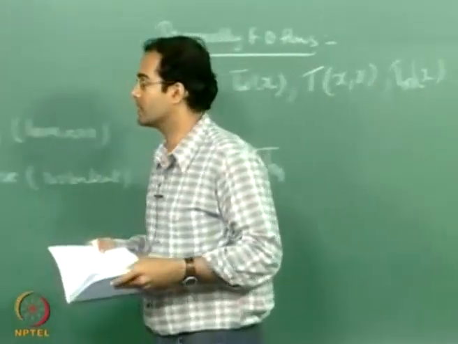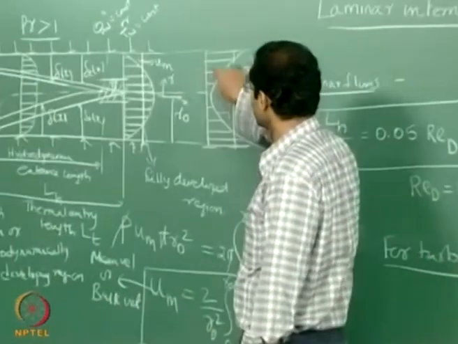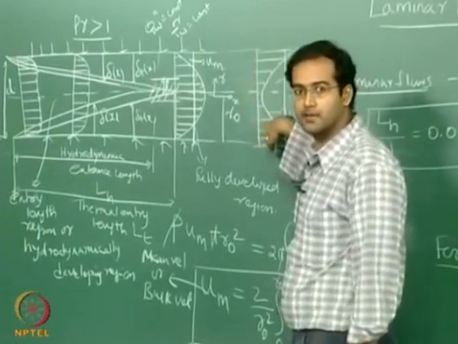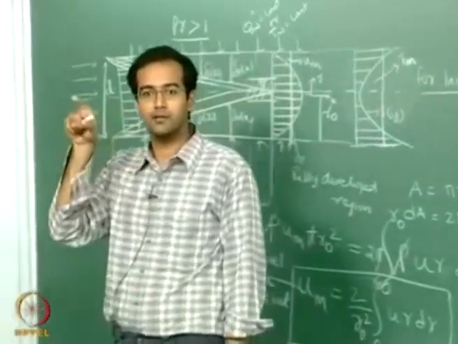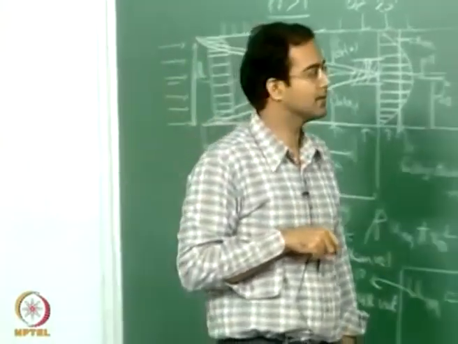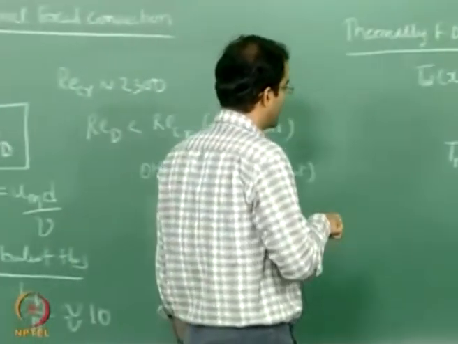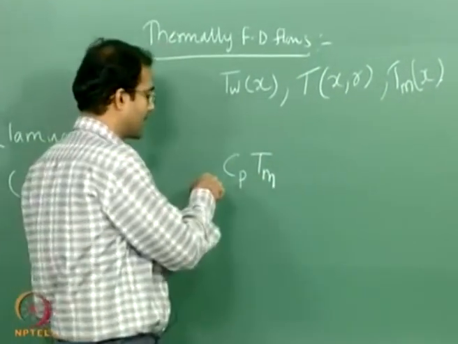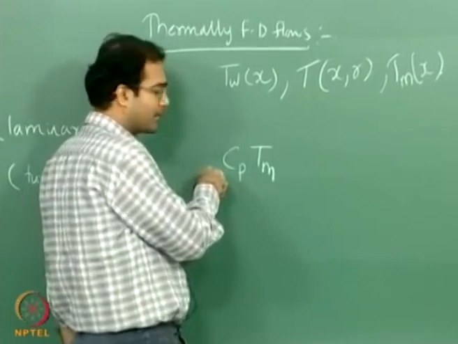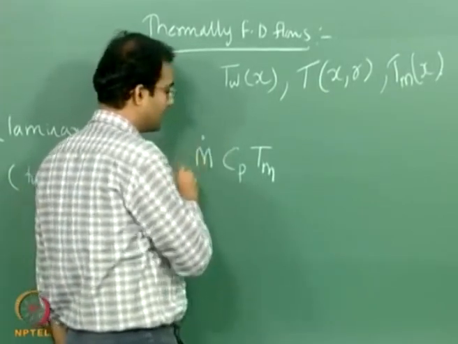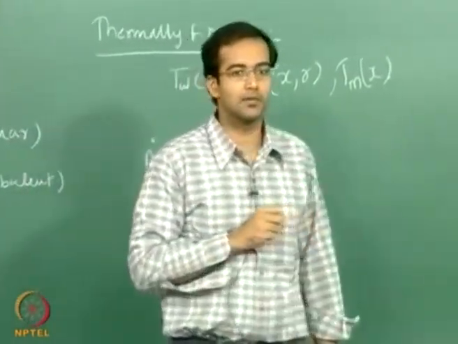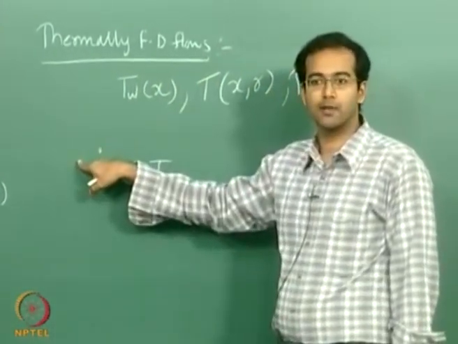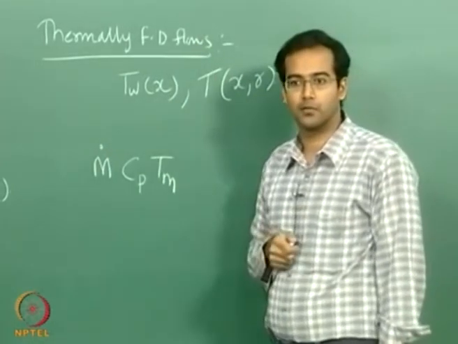So what I should say is that the enthalpy of this uniform temperature profile should be the same as the enthalpy of the actual profile that you are getting. So how do you now define enthalpy? Based on the temperature, Cp T. Now this is the specific heat capacity, so the total enthalpy will be, you have to multiply by the mass flow rate. Now this is the average enthalpy if you replace the temperature profile with the uniform profile, correct?